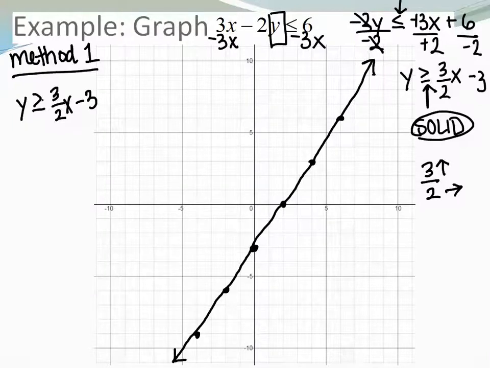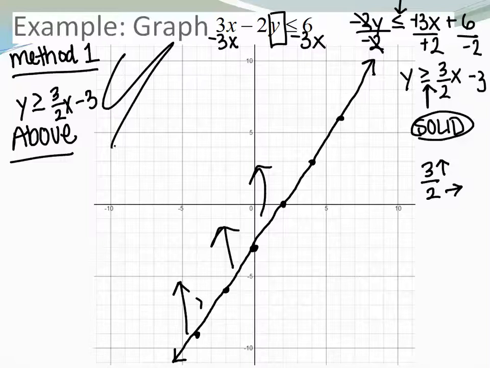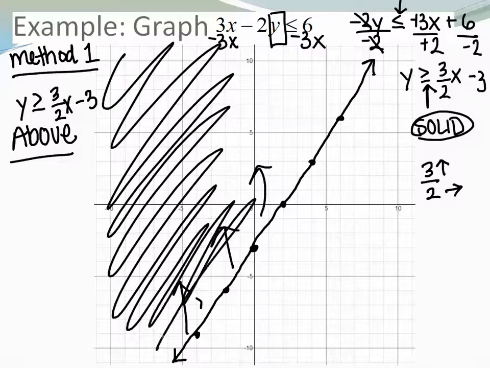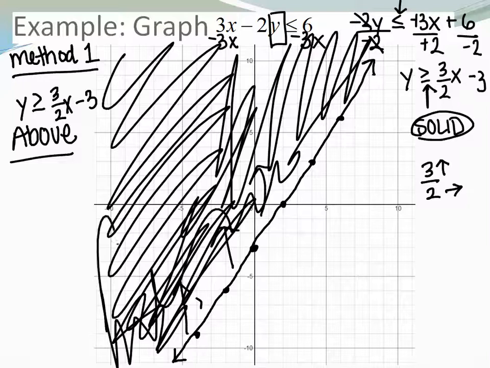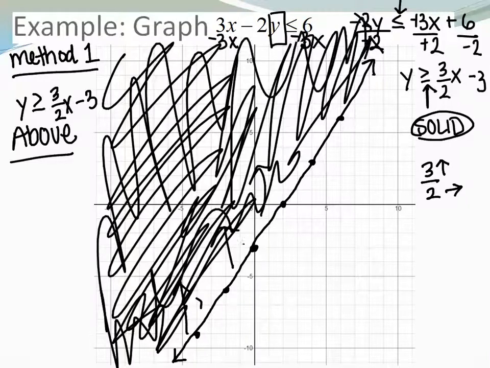So greater than means we shade above. So above the line would be this direction. So all of this gets shaded. You don't have to do anything, you just scribble. Just fill it all in. Okay, that's method 1.